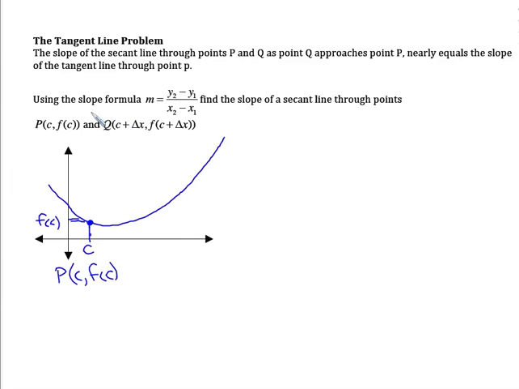Okay, so what we're going to do here is let there be some other point, we'll just call it Q, and we're going to call this (c + Δx, f(c + Δx)). We'll label it right here.